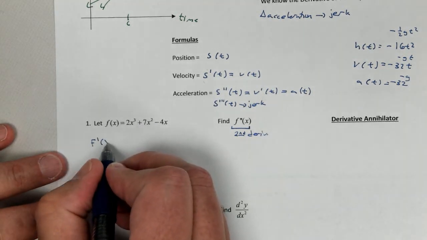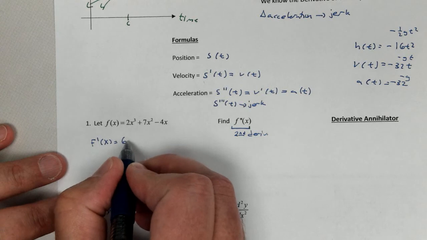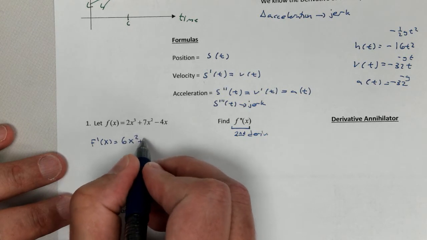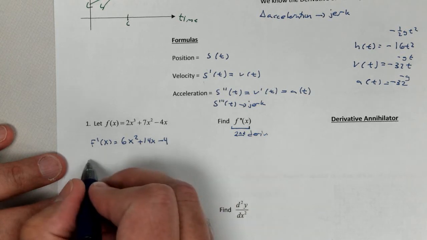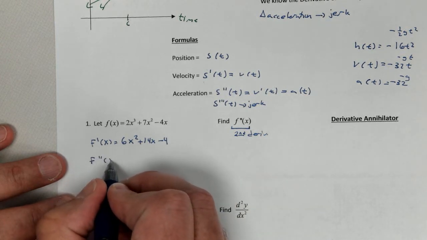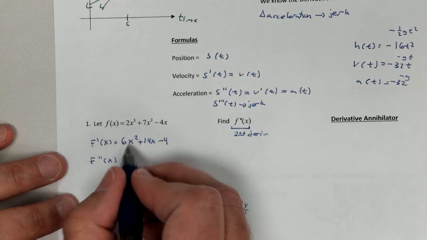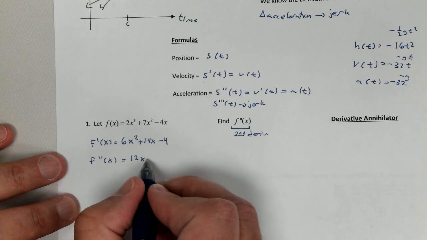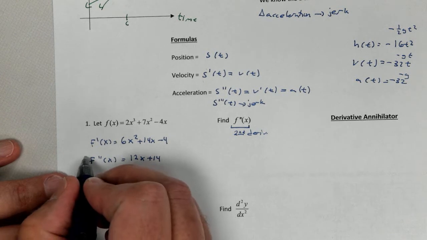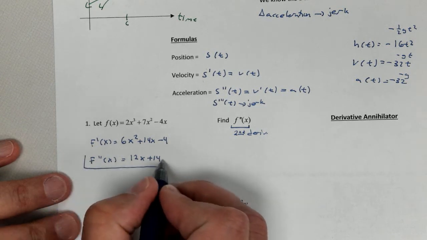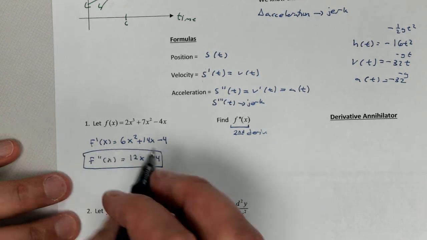My first derivative would just be 6x squared plus 14x minus 4. To get our second derivative, we would get 12x plus 14. Now that's our answer.